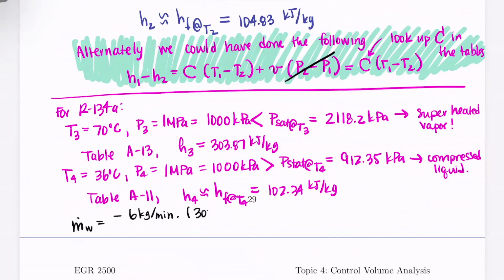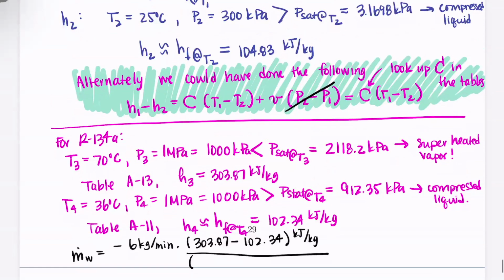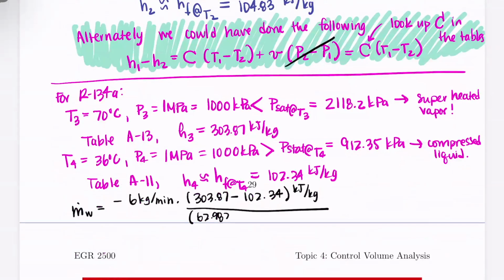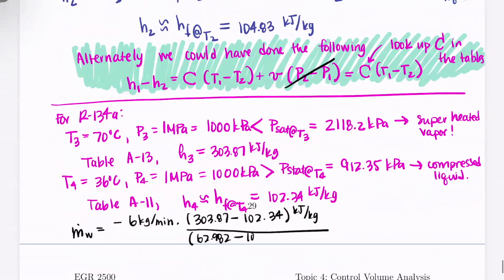So we have 303.87 minus 102.34 kilojoules per kilogram, and then divided by H1 minus H2. So we have 62.982 minus 104.83 kilojoules per kilogram. And we get 28.9 kilograms per minute.